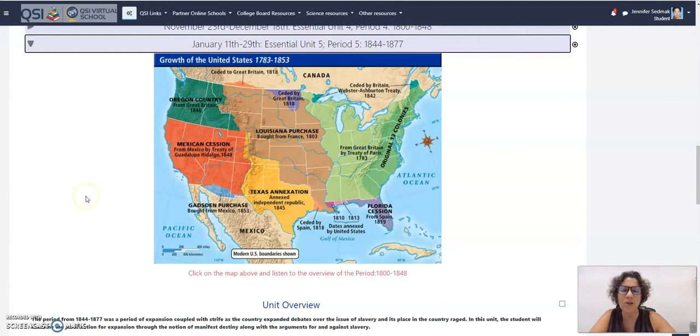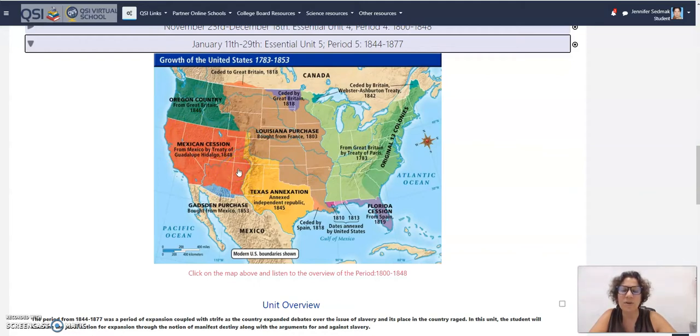So we'll be taking a look at some of the major compromises that were made within this time period, namely the Compromise of 1850. It dealt with how the question of slavery would be answered within the context of the Mexican Cession.